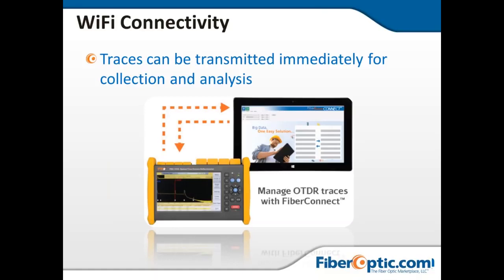Also, if you can't, one of the things we're showing here is you can plug into a tablet that has Wi-Fi at least, and use that tablet to connect back into the system and upload your traces. Because what typically happens is somebody goes out, shoots it, saves it as a PDF, and then it's never used again.